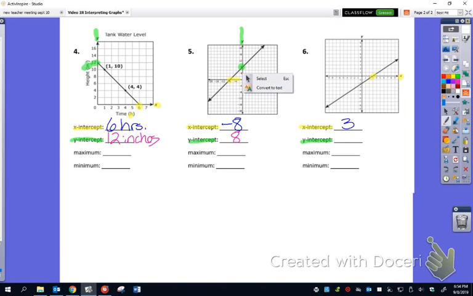This is a 4, for those that don't see it, and 4 is cut into 2 pieces. So 4 divided by 2 is 2. So I'm counting by 2's. So 2, 4, and then you had a 6, and that's 8. So if you couldn't see that. And then on number 6, the y-intercept is at that point right there, -2. Okay, so you got your x and your y-intercept, where it touches.